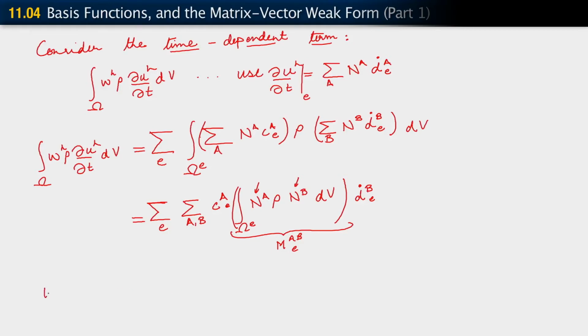From here, we use CE equals C1E up to C number of nodes in the element E, and the same thing for DE, which is just D1E up to D number of nodes in the element E. However, in the particular form that we are dealing with here, we have a DE dot, because we get time derivatives of each one of these terms.